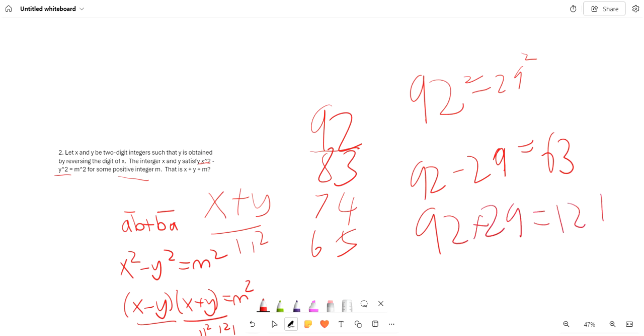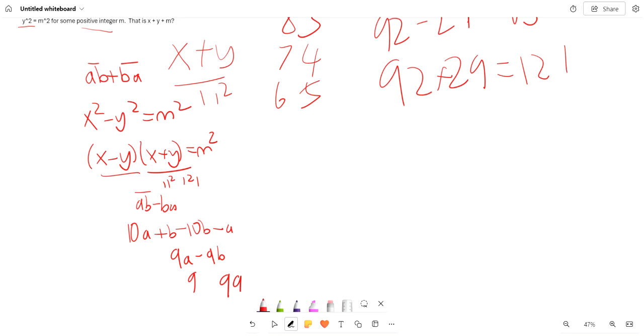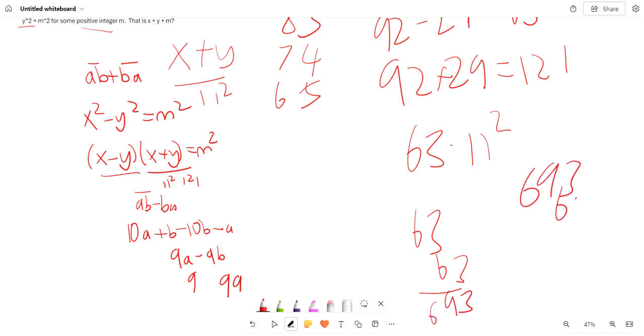So if we multiply these, we get 63 times 11 squared. We do the multiplication and we get 7623.